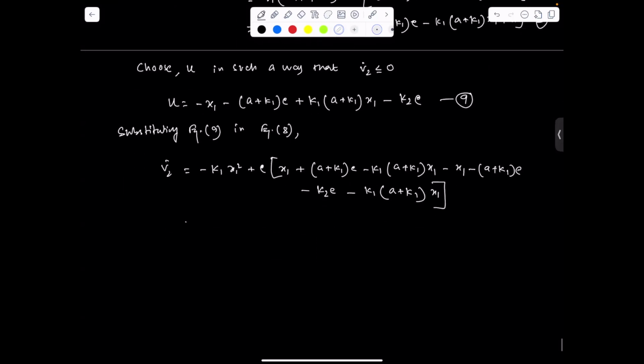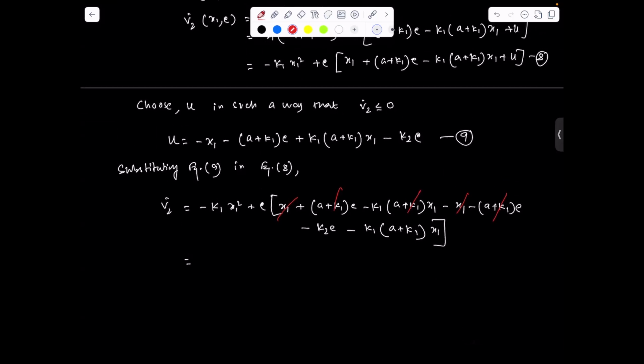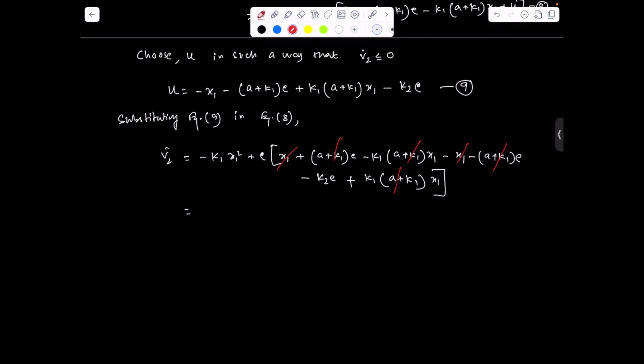Now from this, this will cancel, and this will cancel. This one will be plus, and this one will cancel. So the overall terms will be minus k1 x1 square minus k2 e square.